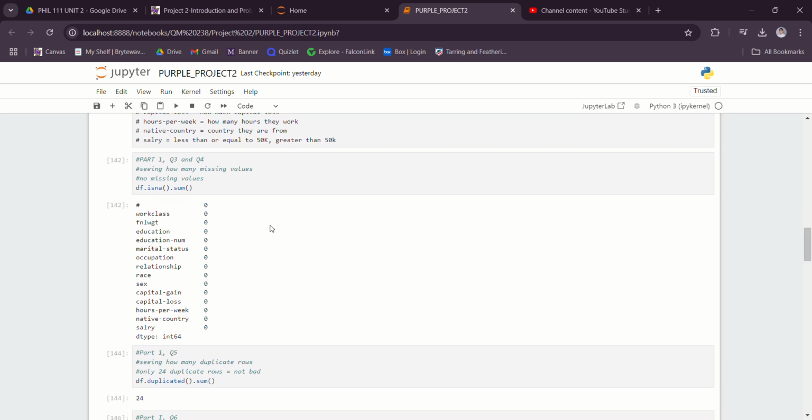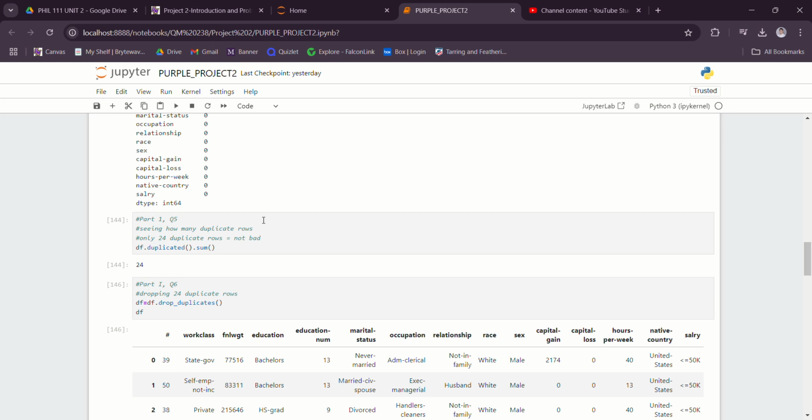Then I saw how many missing values by doing the .isnull function and then the .sum function. And I got that there were 0 missing values. The next thing I did was to see how many duplicate rows there were. I used .duplicated, .sum.